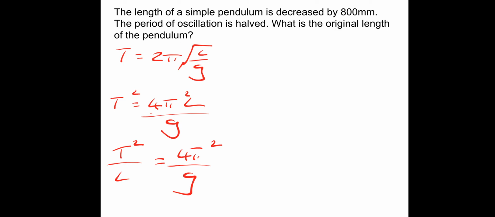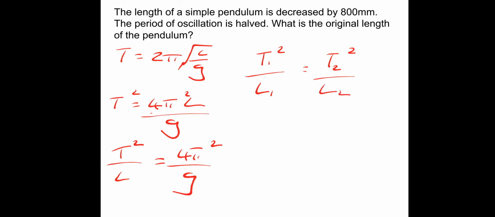So the T squared over L is what I'm interested in, and we can look at that for both scenarios. So we end up with time period 1 squared over L1 equals time period 2 squared divided by length 2.